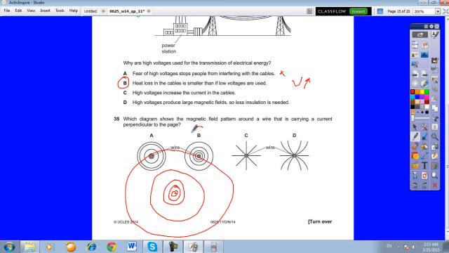That's why the correct answer is B, since the circles are closer to each other, which means high magnetic field, and when we move away from the wire, the magnetic field strength gets lower. Unlike in A, which means it's weak next to the wire, and it gets stronger as we move away, which is wrong.